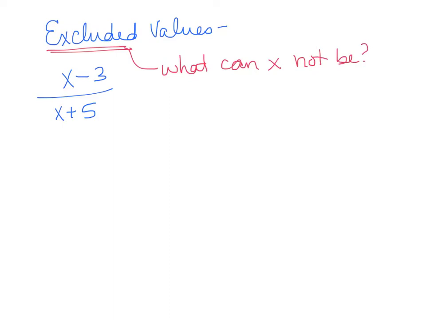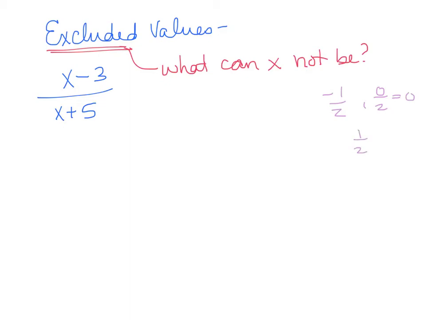One thing we might look at is, are we concerned about the top of this fraction at all? Can the top be anything? Can the top of a fraction be negative? Can the top of a fraction be 0? Can the top of a fraction be positive? I can show you examples of all those. Top of a fraction negative, top of a fraction 0, that just equals 0, top of the fraction positive. I can do all that.